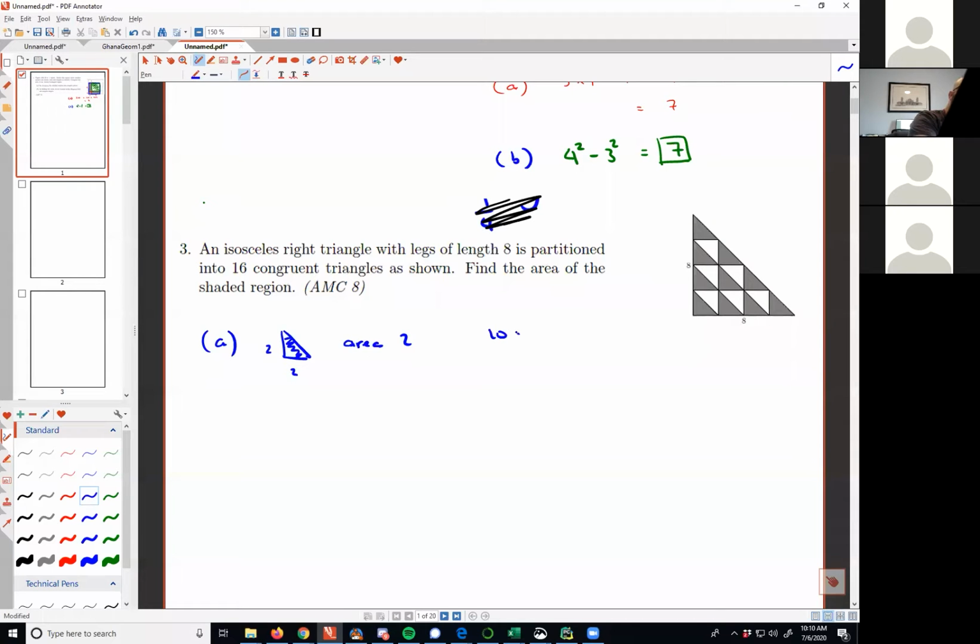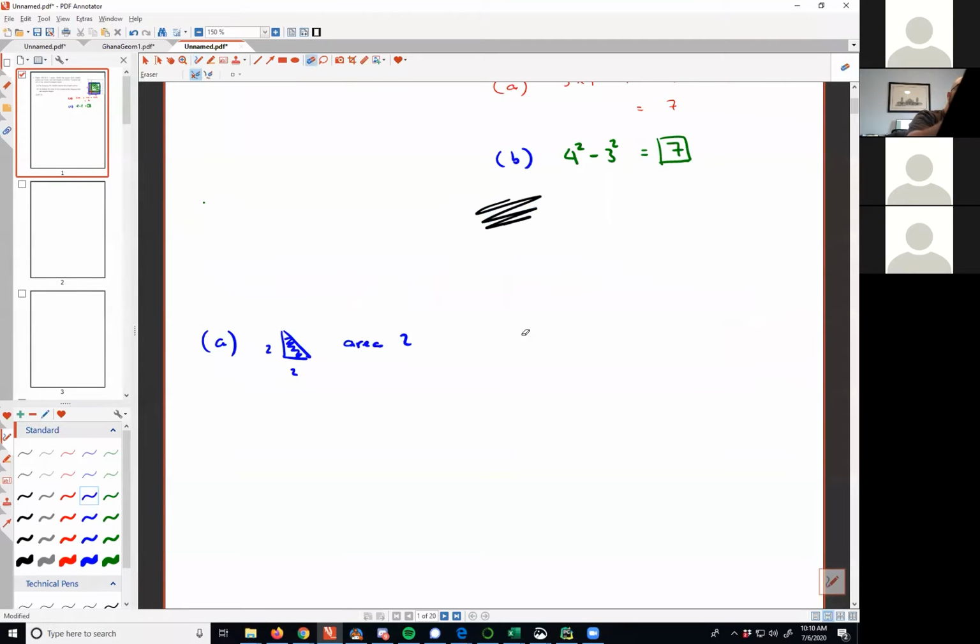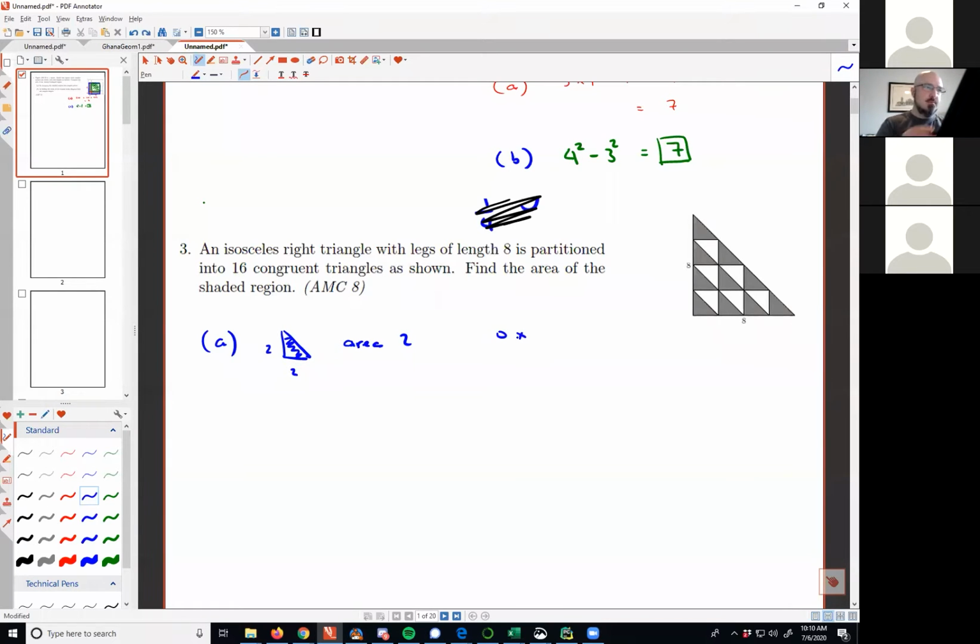We could find the area of the non-shaded triangles. That's a possibility. I'm thinking of something a little bit different.